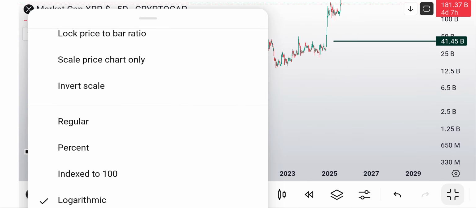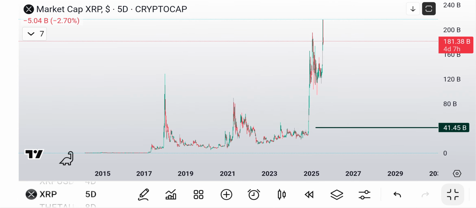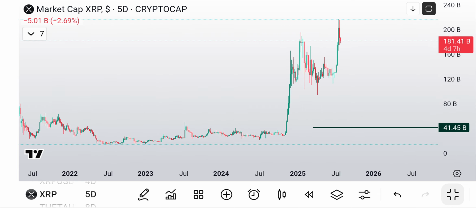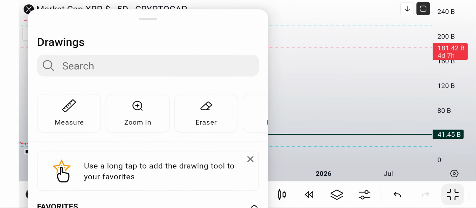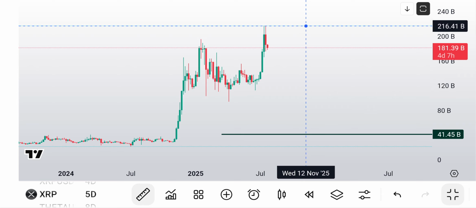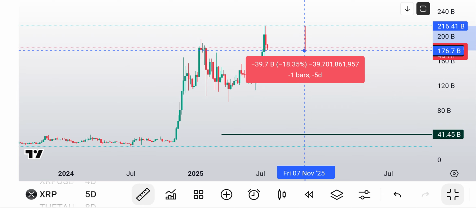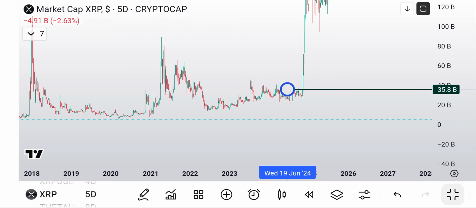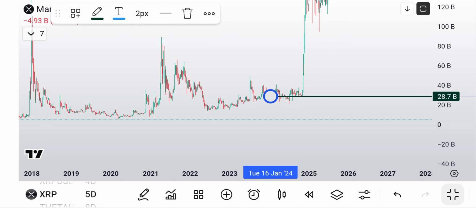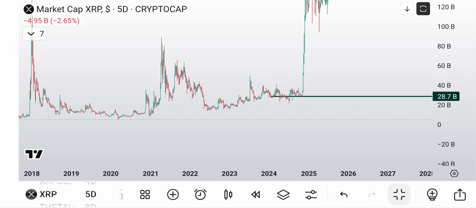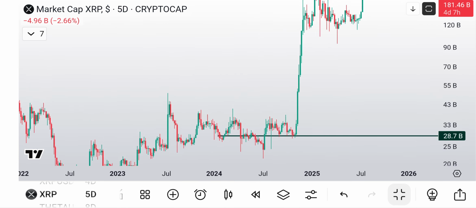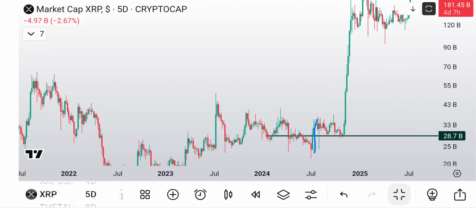Now, if you look at it on log scale or regular scale, it's a lot bigger, right? Actually, it's not too much bigger, but literally almost about $40 billion. That's crazy. So just to put that in perspective, before we even blasted off into this wave right here, we pumped, we flagged.